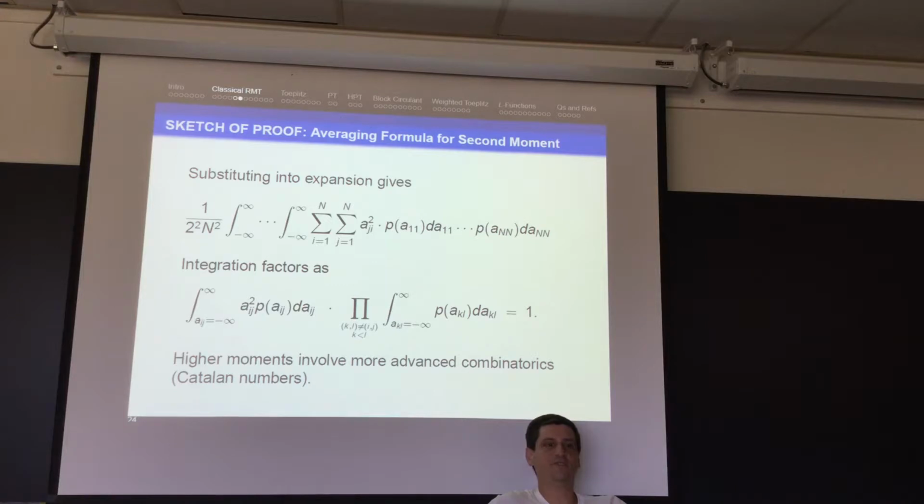I need some kind of convergence results to allow me to do this. You should be a little bit scared because we have integrals over an infinite range, but I only have finitely many sums. Since I only have finitely many sums and all the integrals are going to be finite, everything is fine. If you put in absolute values, everything is fine. So there's no problem using Fubini-Tonelli to justify this.